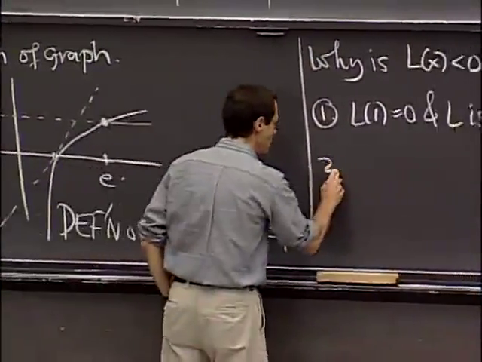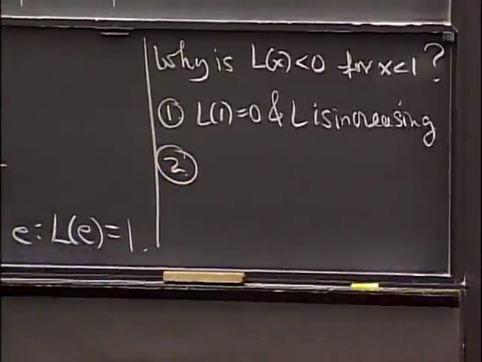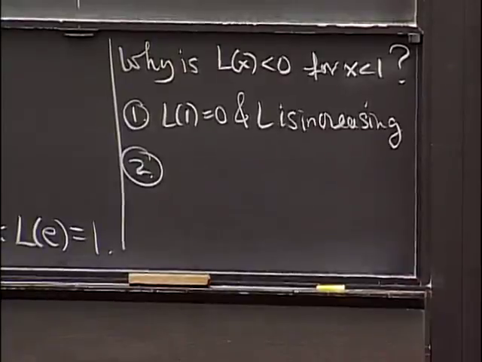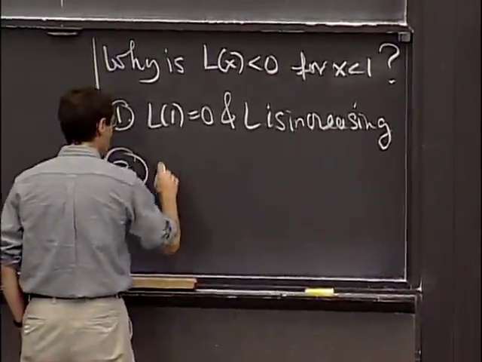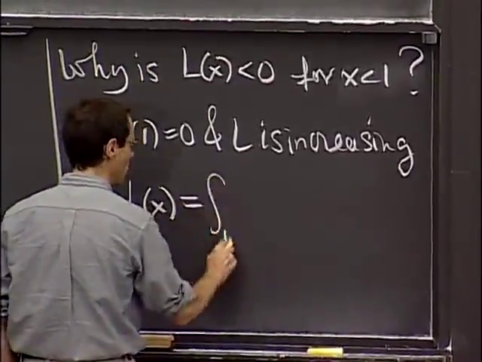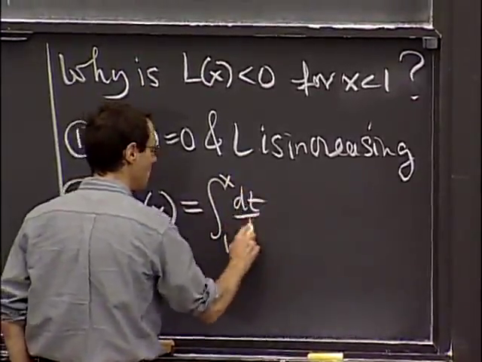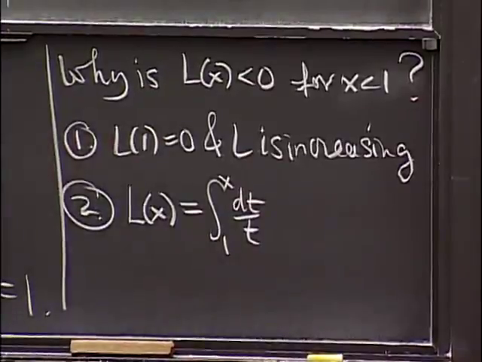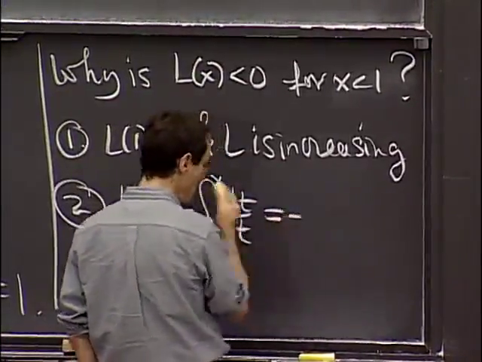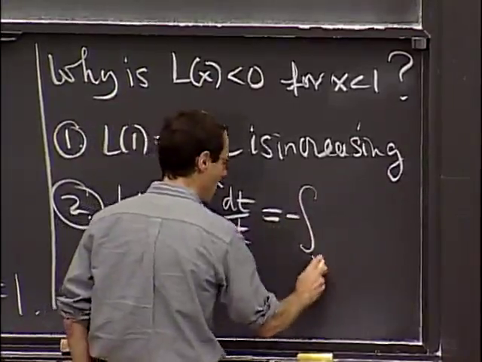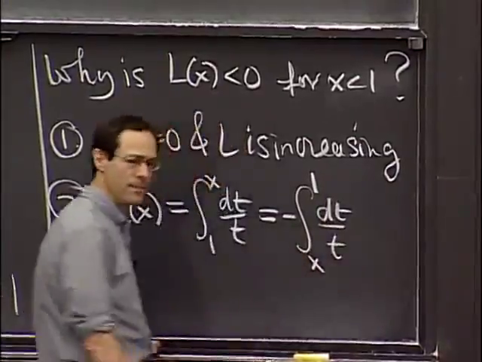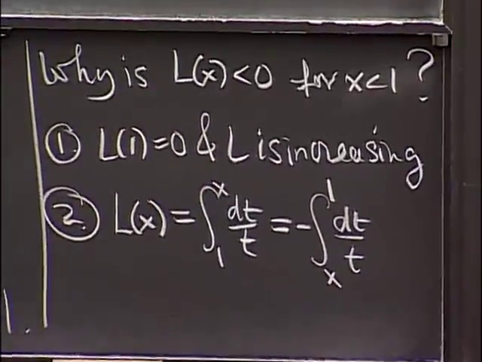There's a second way of seeing it, which is equally important, and it has to do with just manipulation of integrals. Here I'm going to start out with L of x and its definition, which is the integral from 1 to x dt over t. And now I'm going to reverse the order of integration. This is the same, by our properties of integrals, as minus the integral from x to 1 of dt over t. All right?